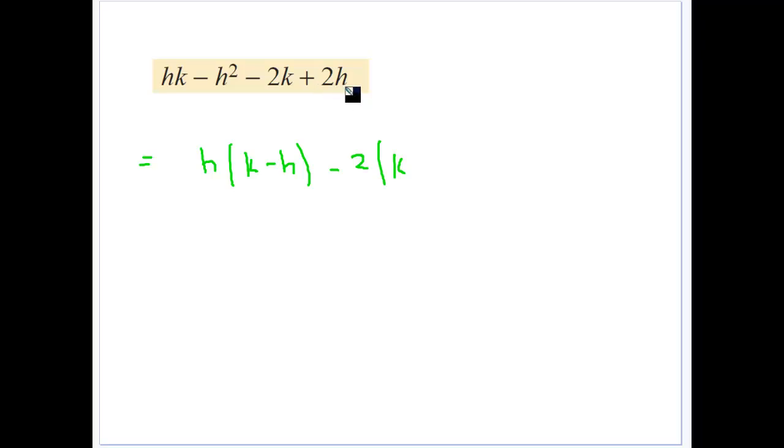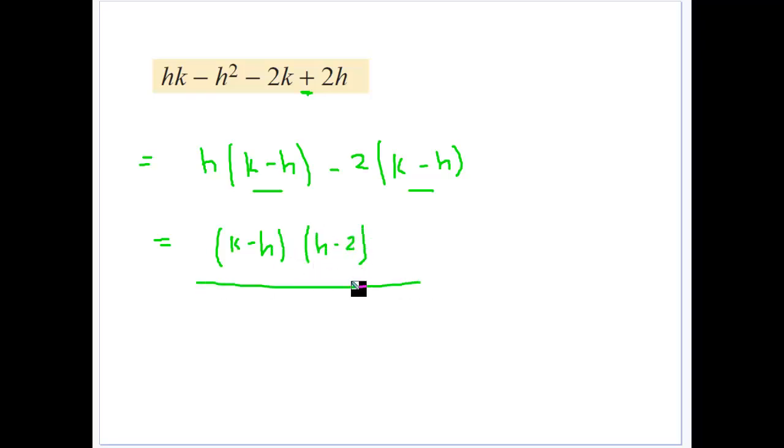And if we want to get 2h there, we're going to have a minus h, because minus 2 times minus h would give us a positive there. Notice we get those nice brackets there, and we're able to factorize that one out as well, and that ends up giving us a nice factorization of those two. So that's our method of what we call grouping in pairs.